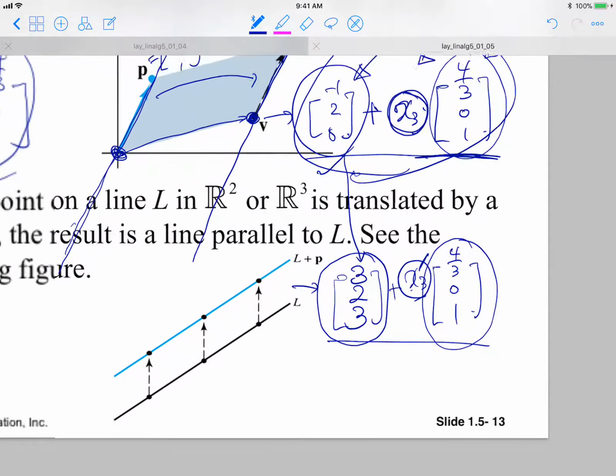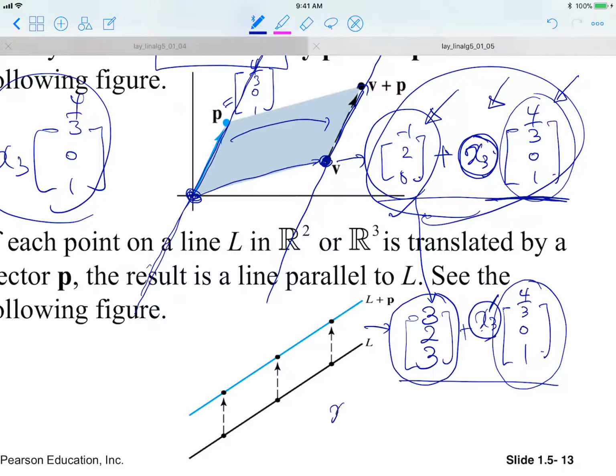In this case, let's plug x3 dash into this form.